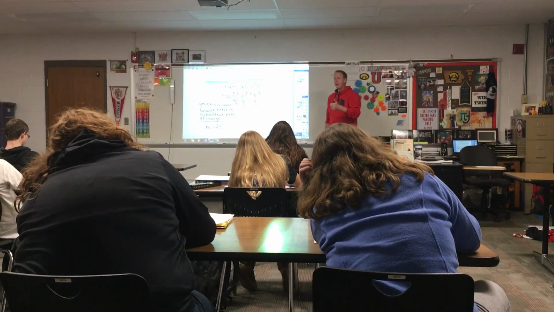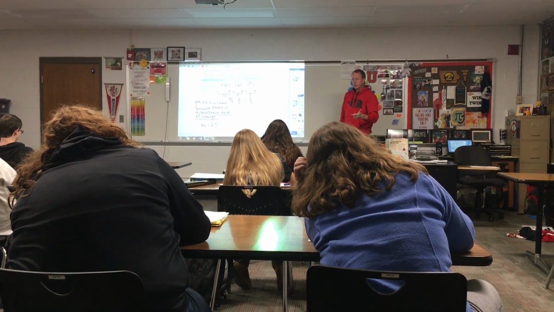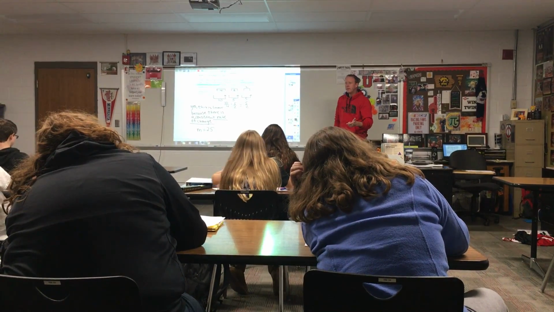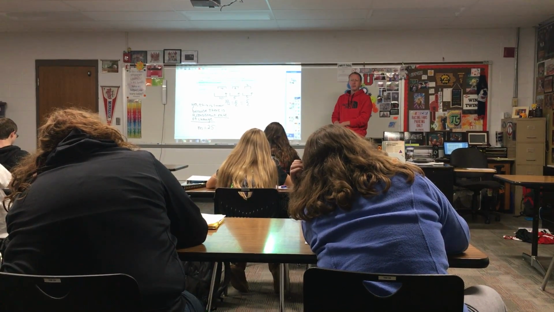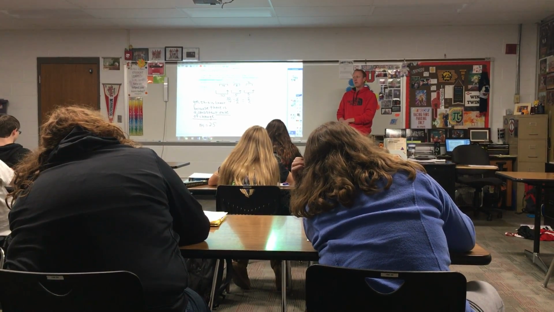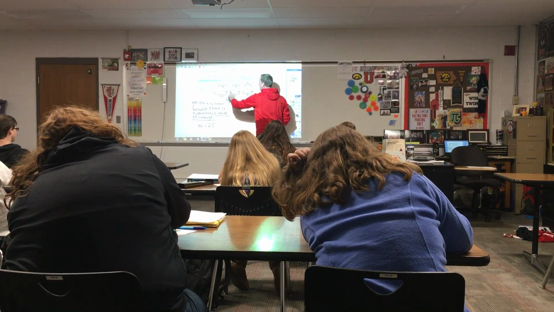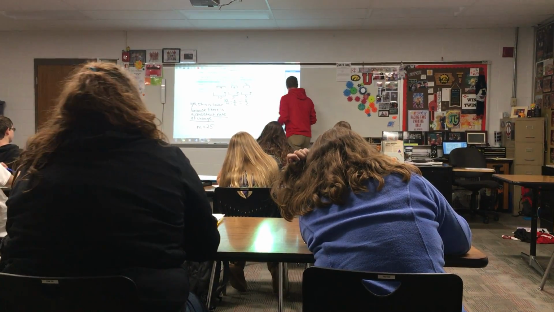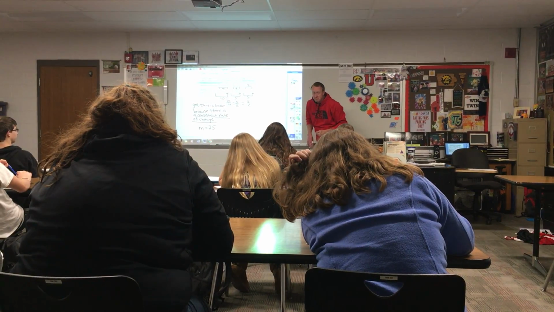We need a point and we need a slope. Do we have the slope already? Slope's 2.5. How many points do you actually have up there? 1, 2, 3, 4. Which point do you want to use, guys? Does it matter? No, it doesn't.